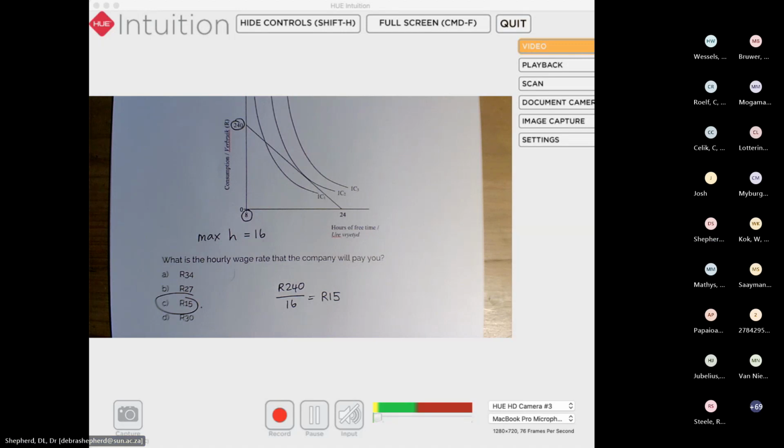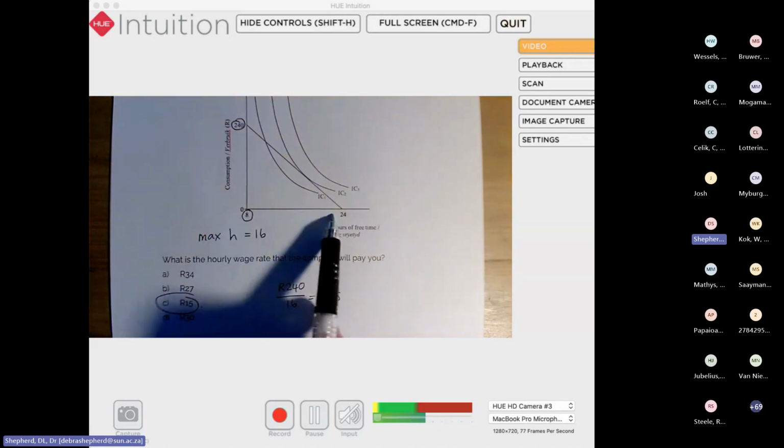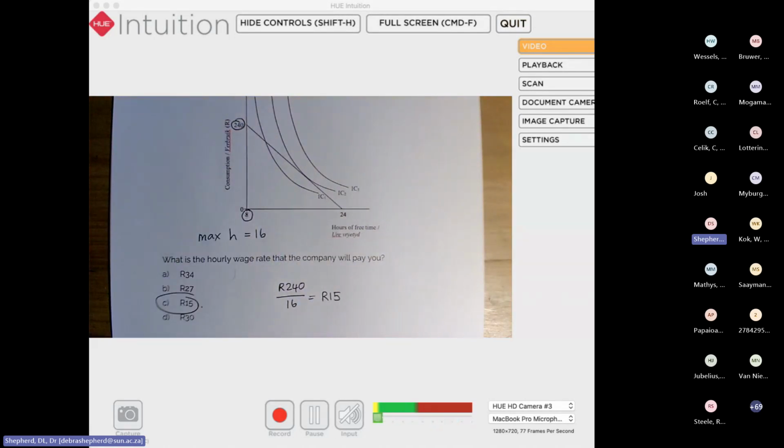Okay. What do you think is a common mistake that people might make with this question? A common mistake is that they would say 240 divided by 24. Can you please explain again where you got the 16 hours?